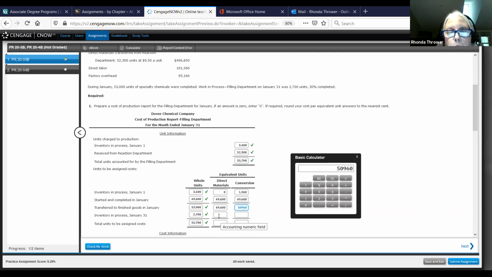To find the direct materials that were added to your ending inventory units, all 100% would have all the materials in them. So of our ending inventory units, all 100% of these units have materials in them.